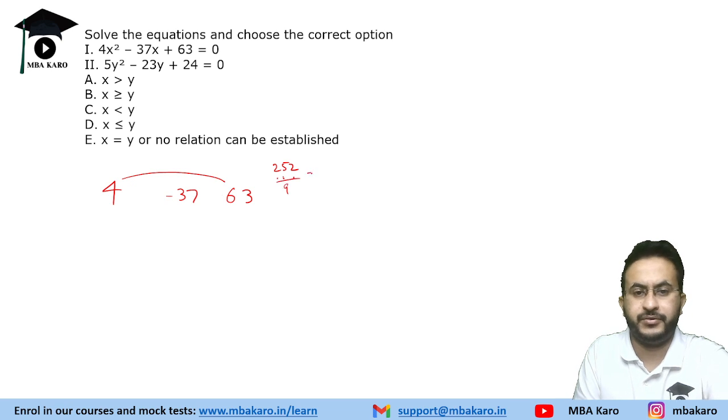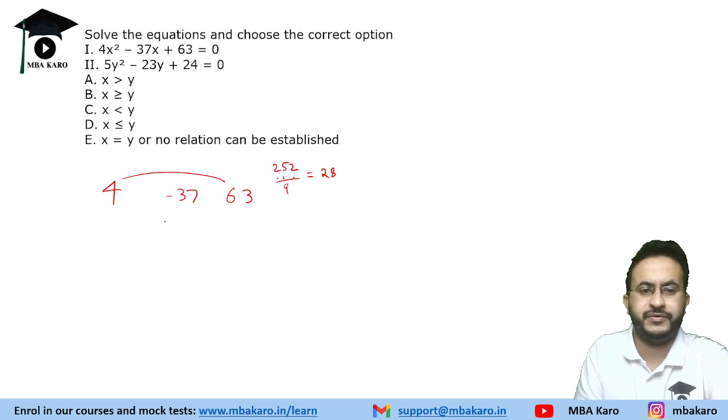If you divide by 9 you get 28. So we see 9 and 28, which gives 37. Now these were minus 9 and minus 28, right? Because this number was negative. So change the sign, 9 and 28, and divide by 4. So the roots are 7 comma 9 by 4, that is 7 and 2.25.